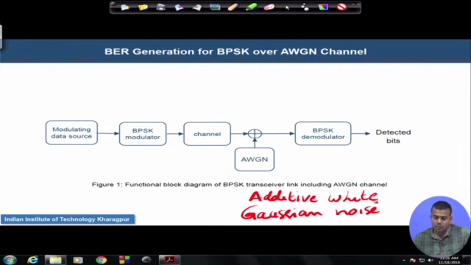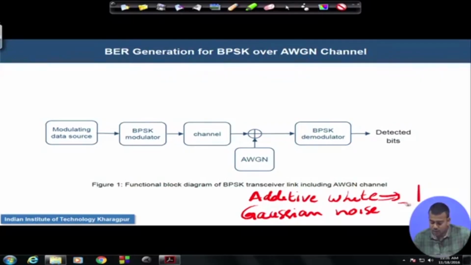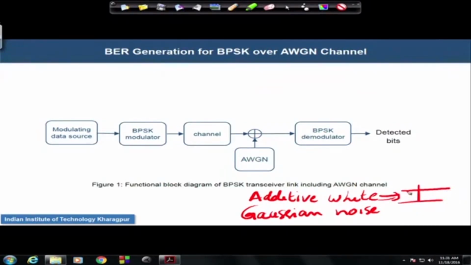It provides the same power over all frequencies. That means in the frequency domain, it will be flat over all frequencies.